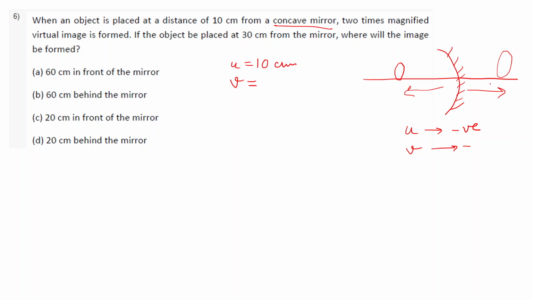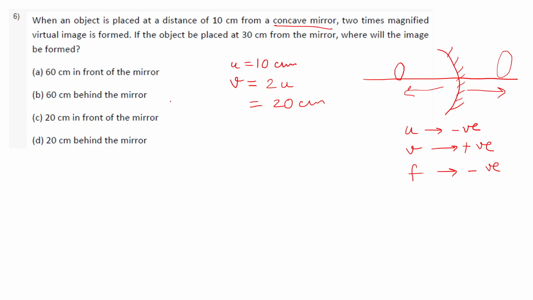We measure this in the right direction, it's positive, and the focal length of this is on this side again, so focal length is negative. So these are the sign conventions. And what we got to know about the image is that it is 2 times magnified, which means it's 2 times u, that means 20 centimeters.